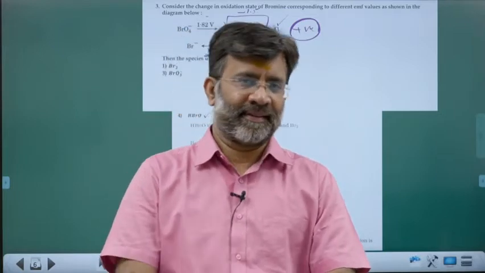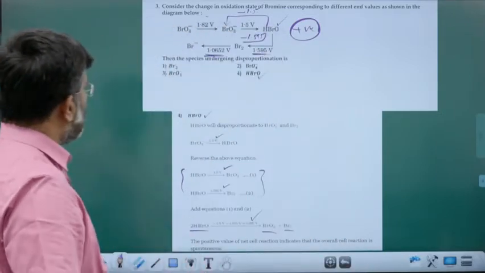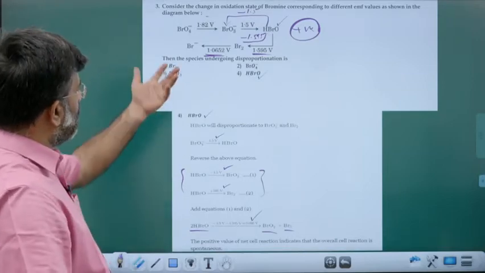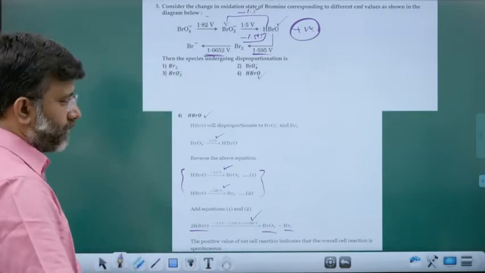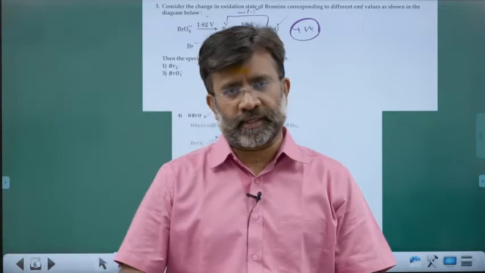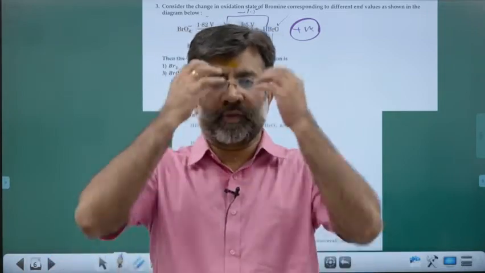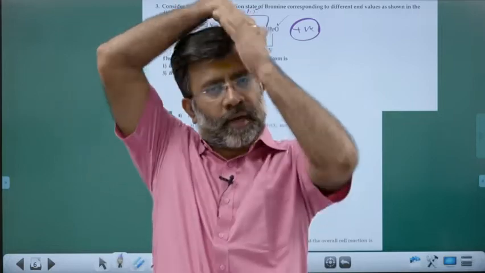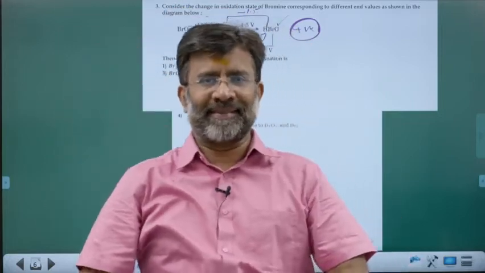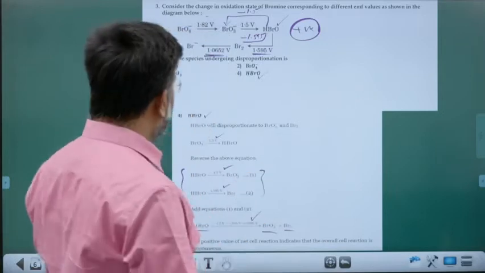Okay? Fine. But at the same time, there are situations where bromine can undergo disproportionation. But the most suitable answer according to the potential data given is HBrO. Okay? Fine. There is another simple way to identify.